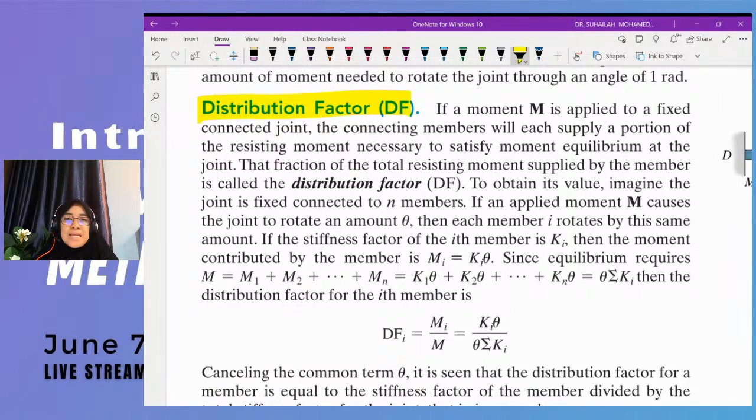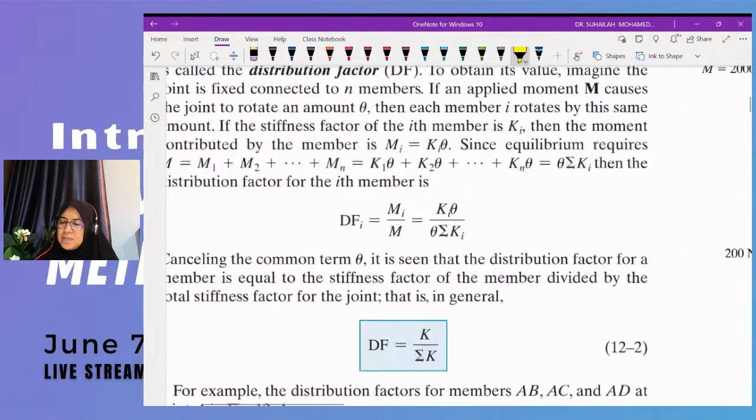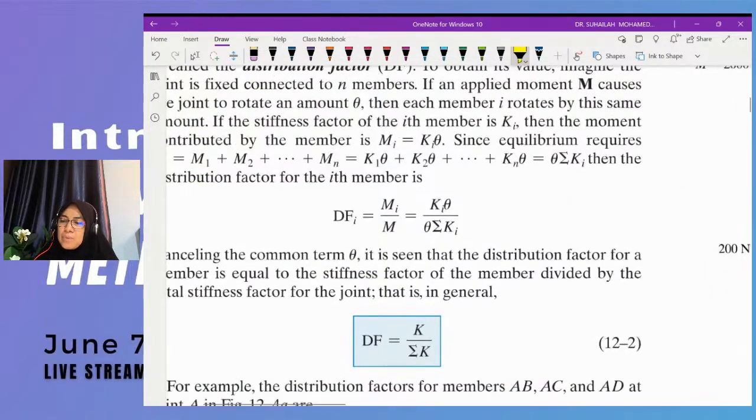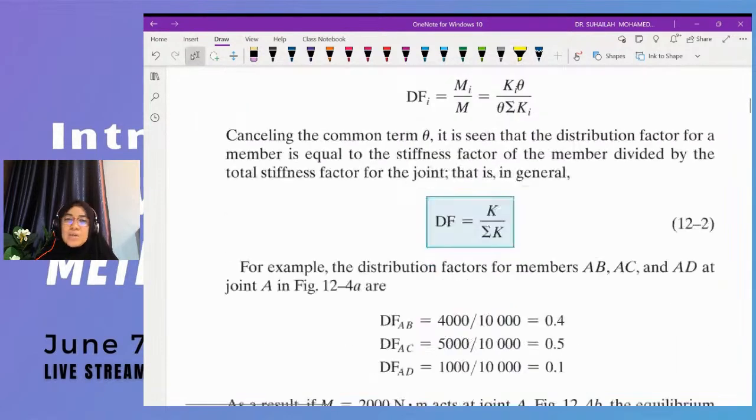To obtain its value, imagine the joint is fixed connected to n members. This is just how we get the formula, so focus on the final formula for distribution factor.